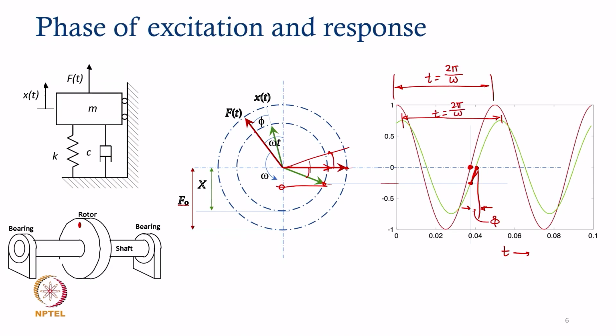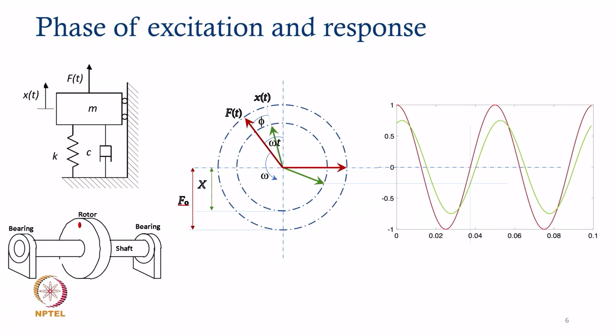So, 2 pi by omega is basically the same time period of repetition as the period of repetition for the force vector. This highlights and gives you an idea of what the phase between the force and the response looks like.